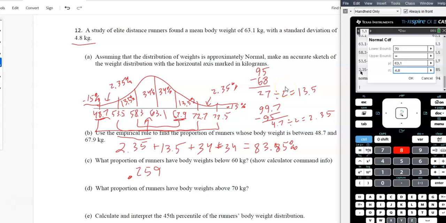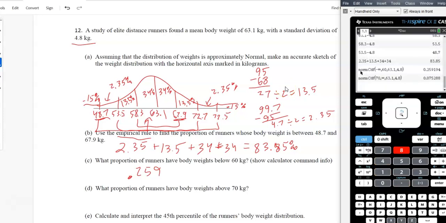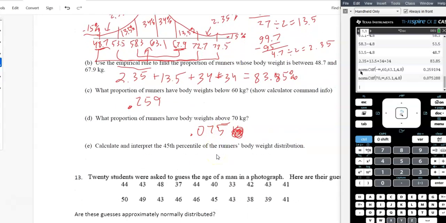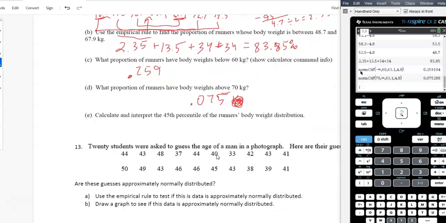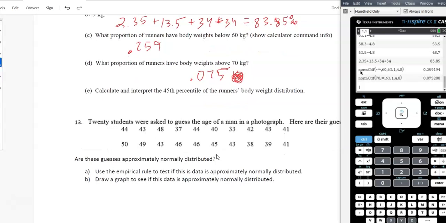Keep forgetting that one. Okay, so we get 7.5, so 0.075. 7.5% essentially of runners have body weight above 70 kilograms.